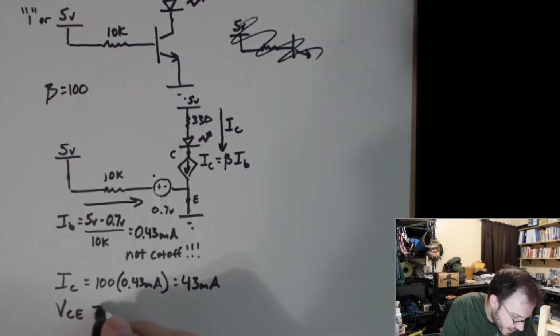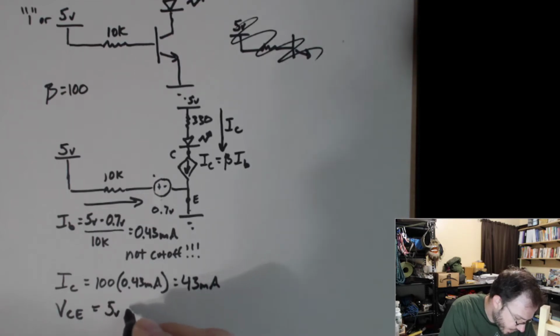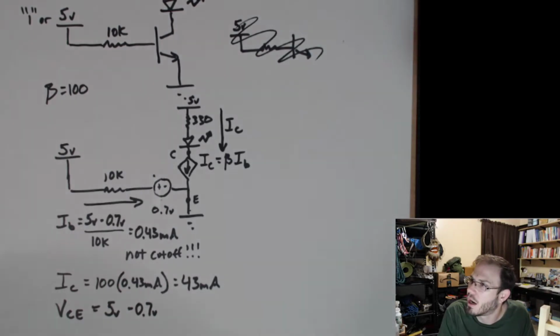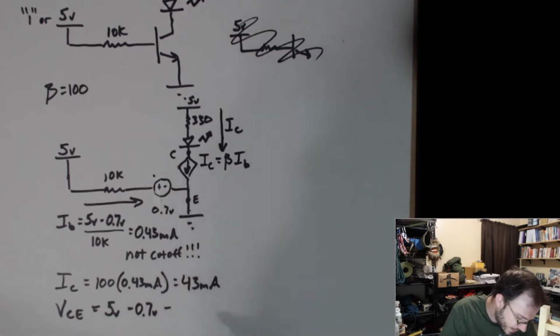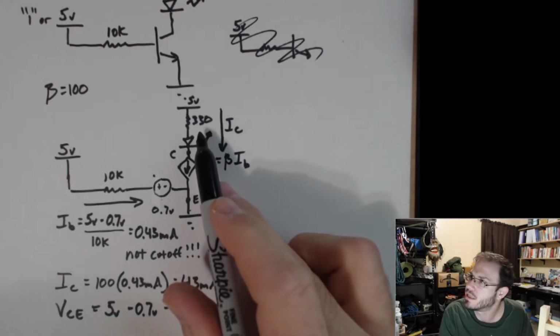So VCE is going to be equal to 5 volts minus the 0.7 volt drop from our LED and minus the voltage drop across this resistor.